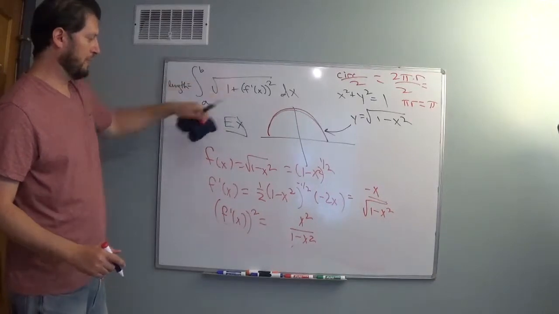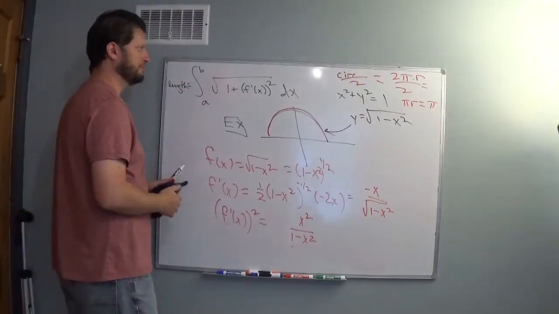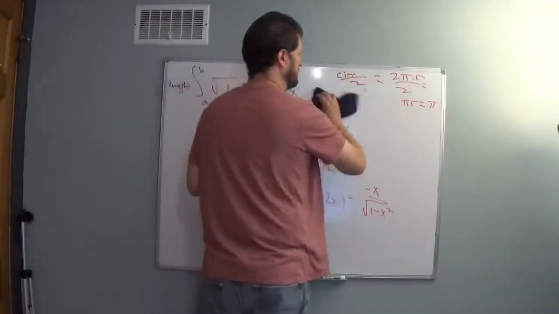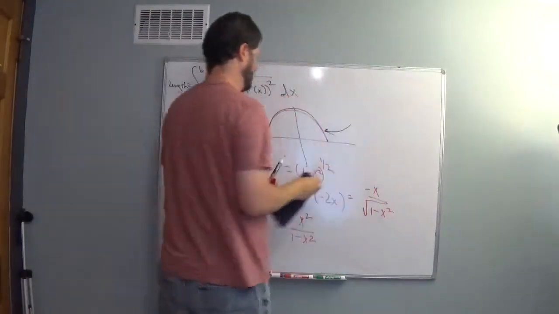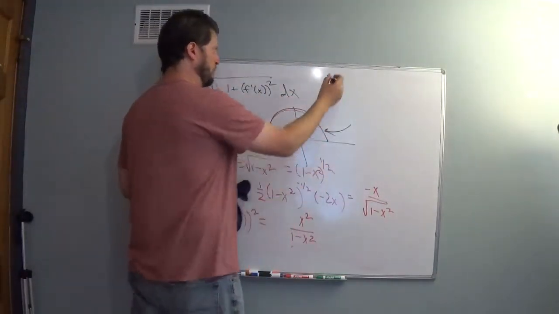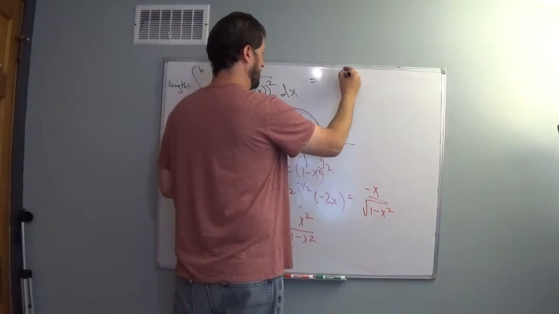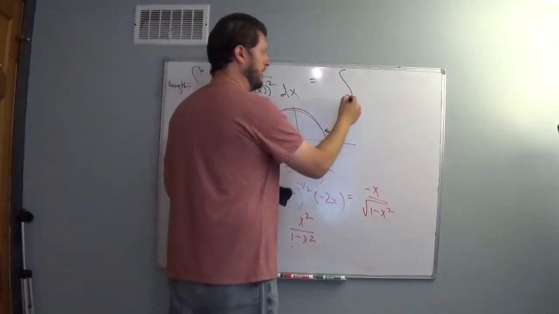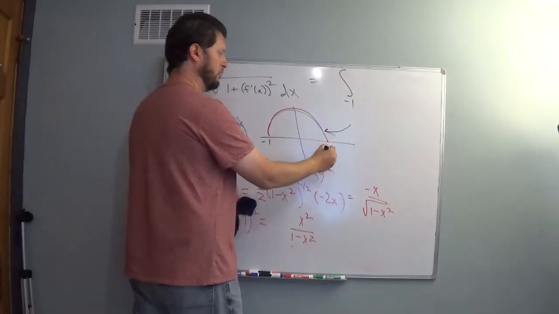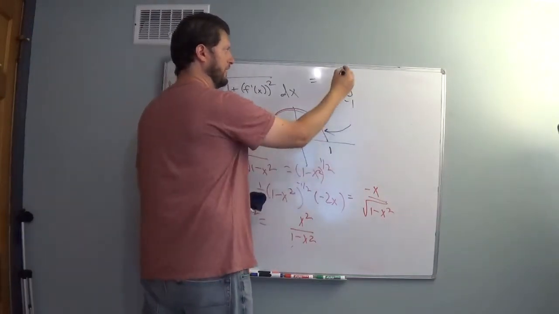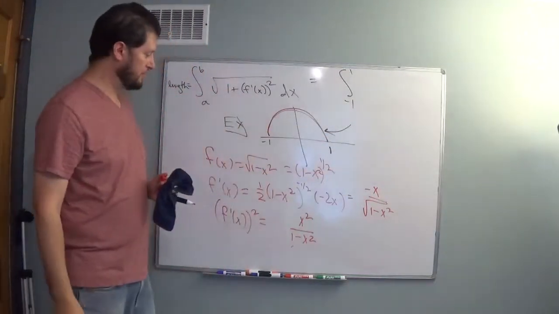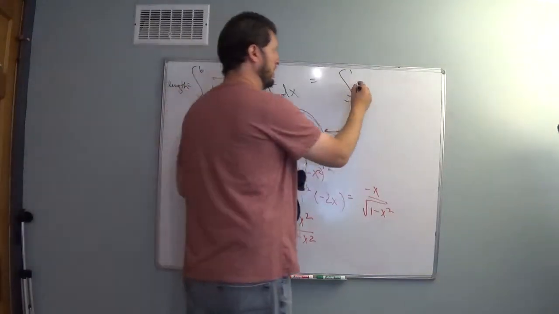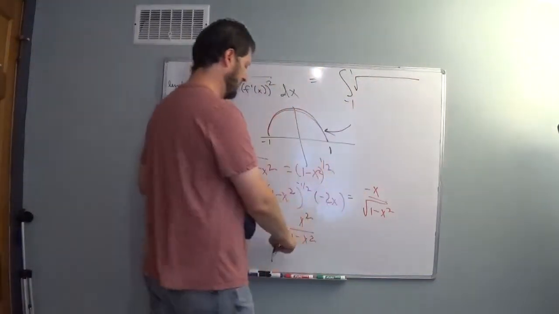The next part of our formula is adding 1 to it. So if we come up here and add 1, I will get the integral from a to b, where a and b are negative 1 and 1, the limits of the integration, of the square root of 1 plus that.